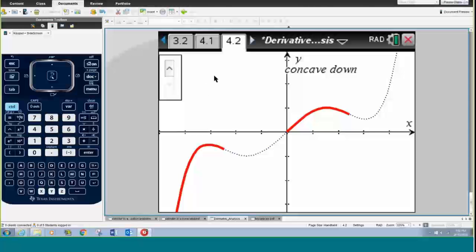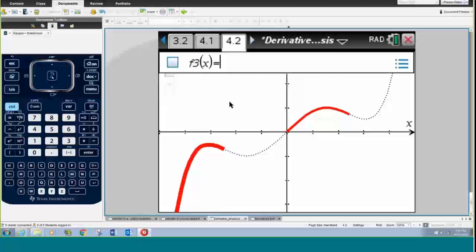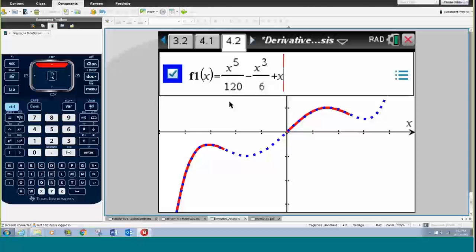So that is a nice file just to play with for the students, looking at positive and negative slope and concavity. And if you do Control G here, you could actually change the original function and it will still work with whatever function we have.